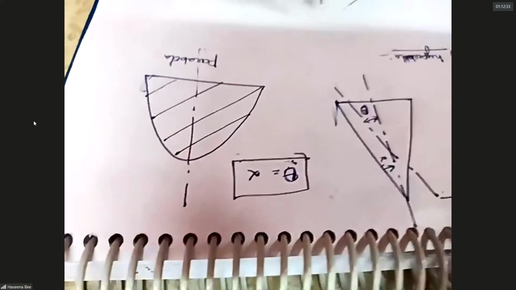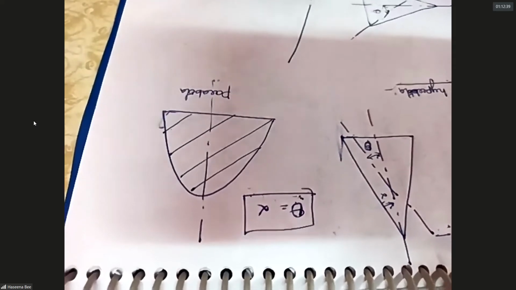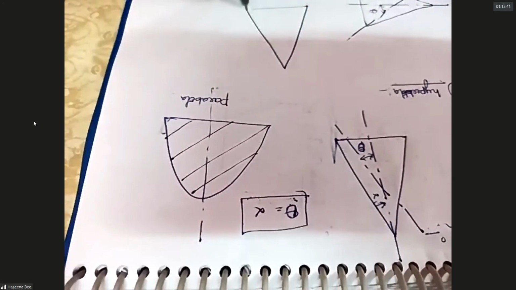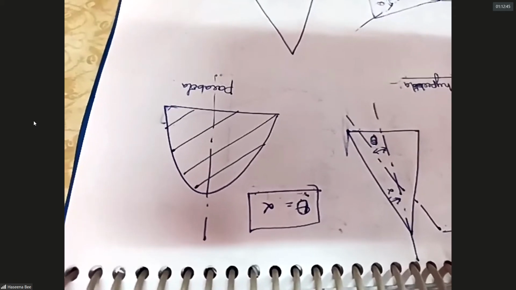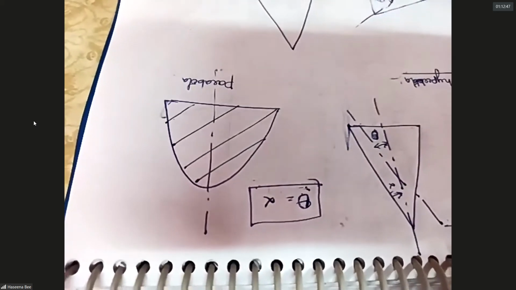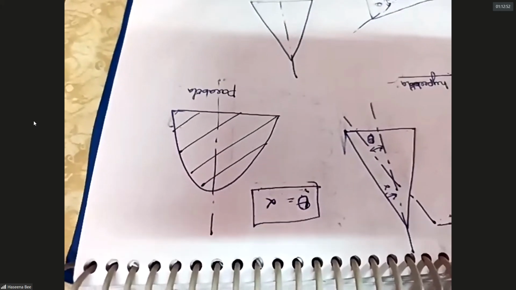How to draw a hyperbola? For a hyperbola, the condition is, let us see. This is our cone, and this is the axis of the cone.